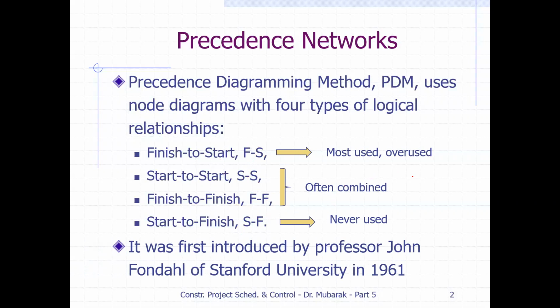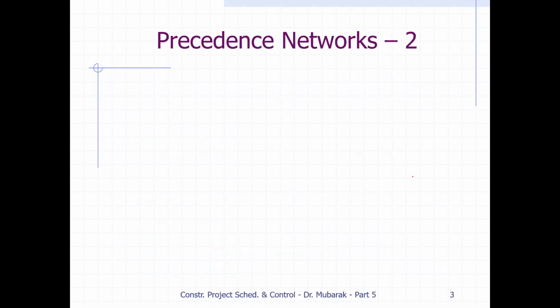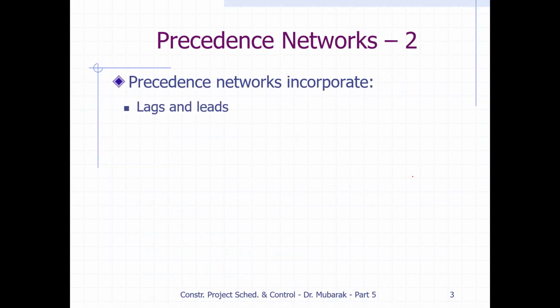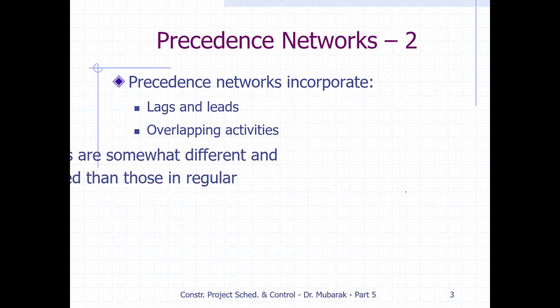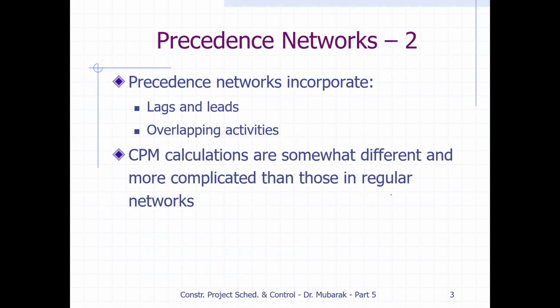This approach was introduced by Professor John from Stanford University back in 1961. Through this network, we'll utilize lags and leads and overlapping activities. And like I said, your CPM calculation will be different from the one that we learned before.